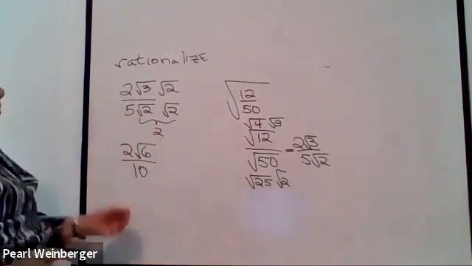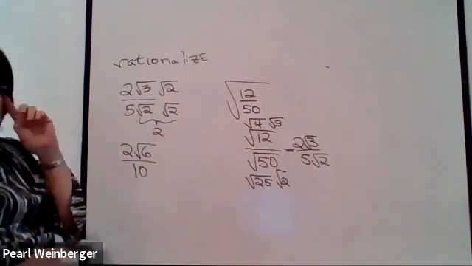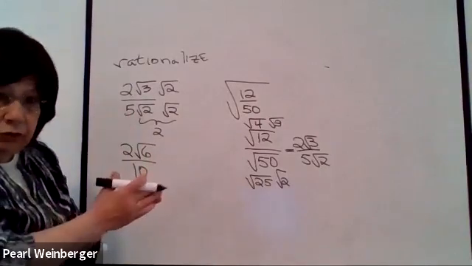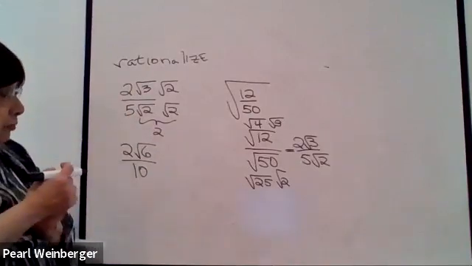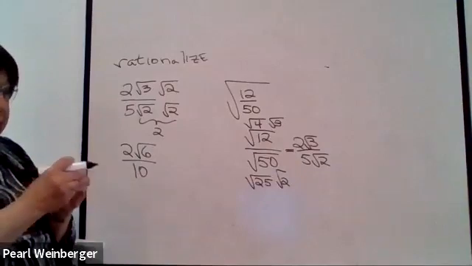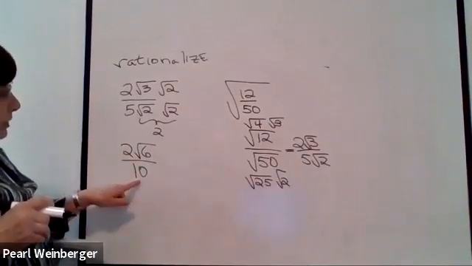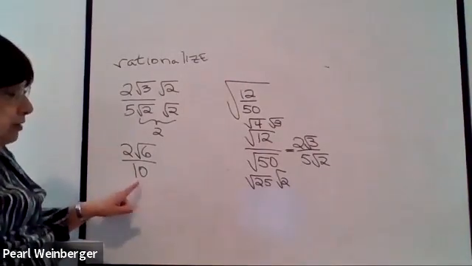And then I ask myself, can I reduce this fraction? Just like when you're multiplying, numbers outside radicals can be multiplied together, and numbers inside radicals can be multiplied together. With division, the same thing is true with fractions. This 2 and this 10 are both outside radicals, they're not inside the radicals.